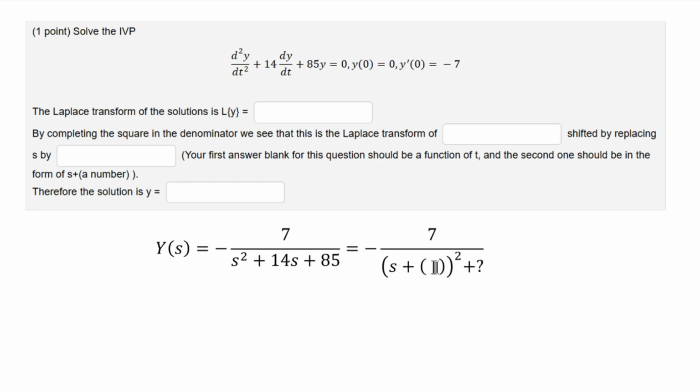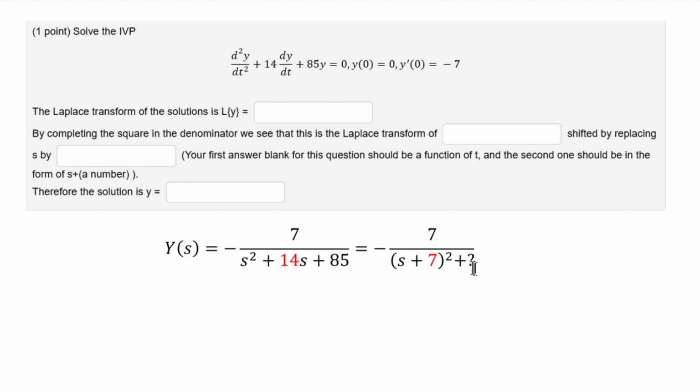And this first blank is always half of the coefficient of the middle term, assuming that you wrote it in this standard form, right? So half of the middle term, which is 7, that's what you're going to get. If there's a minus, you should include that as well, okay? So if it was negative 14, you should put negative 7.